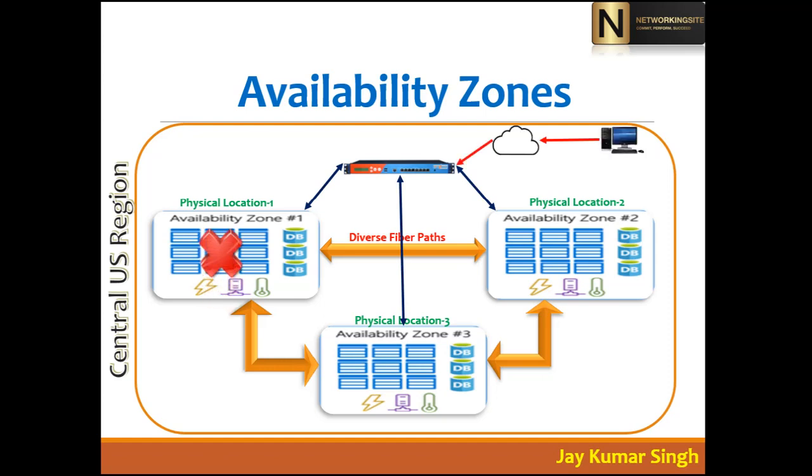Suppose this is the client from the internet. The query will come to the data center, sorry, the load balancer, and then the load balancer will say, maybe you can go to availability zone 1, or maybe availability zone 2, or maybe 3, like that.